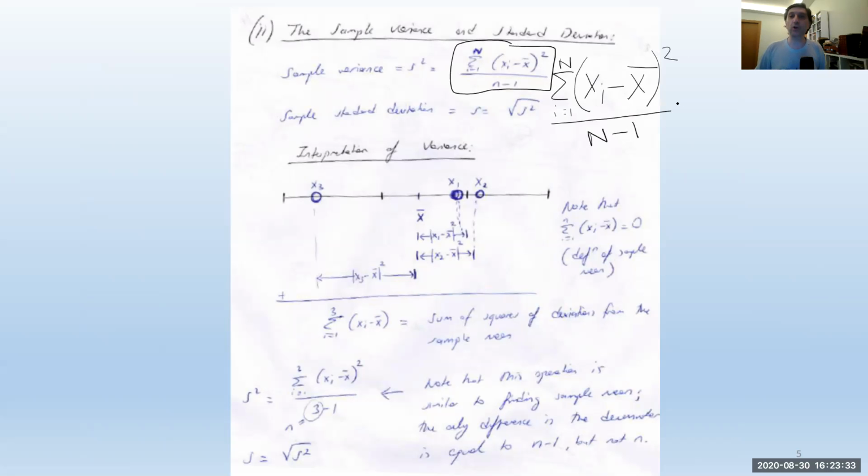This is what we call sample variance. Standard deviation is nothing but the square root of that. That's standard deviation, maybe a very easy formulation. What does this mean? And why do I take the square root further here? If I have sample variance, why do I need another thing, standard deviation?